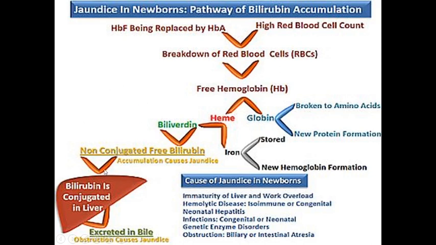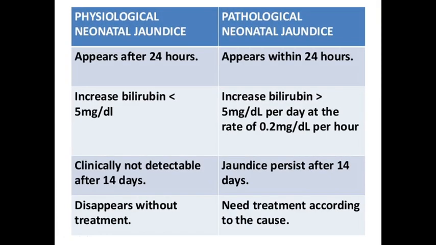As a result, it gets accumulated in blood. When this bilirubin level is increased in blood, it causes yellowishness of the eye and also the skin. That is what we call jaundice. Jaundice in a newborn is of two types. It could be physiological jaundice or it could be pathological jaundice.